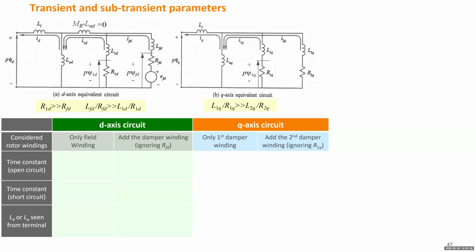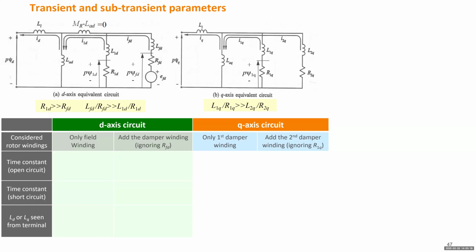For example, in the D-axis circuit, we can only consider the field winding and ignore the other, so we just open the circuit of the second one. Similarly, for the Q-axis circuit, we have two damper windings. You can only consider number one, with number two open, or you consider both.